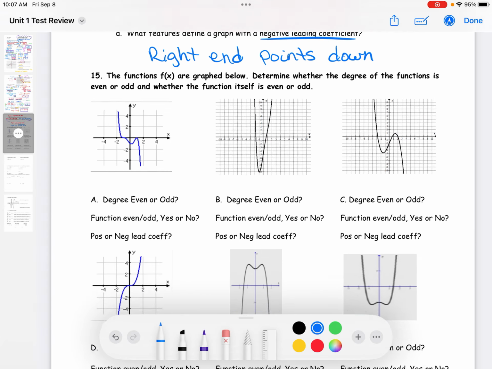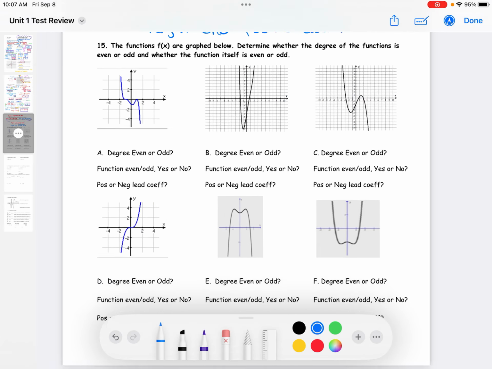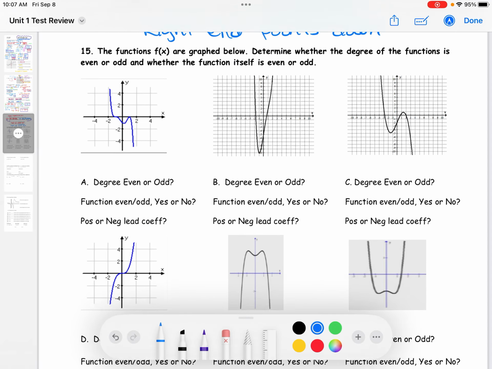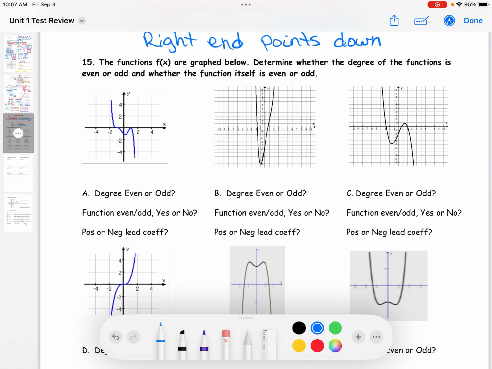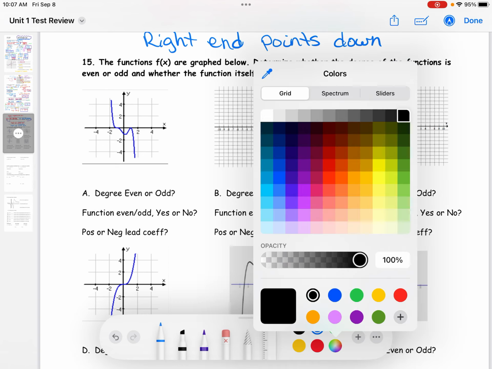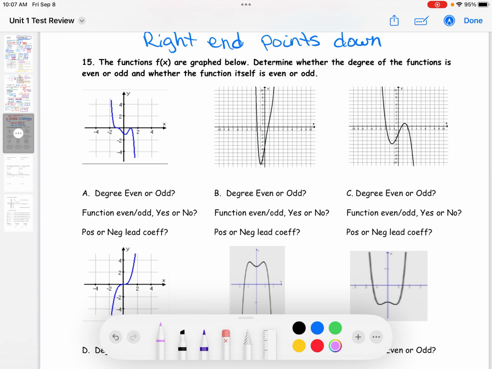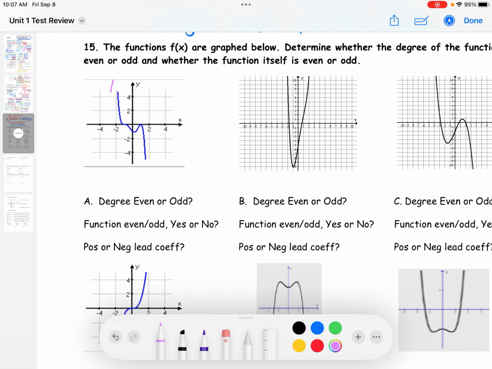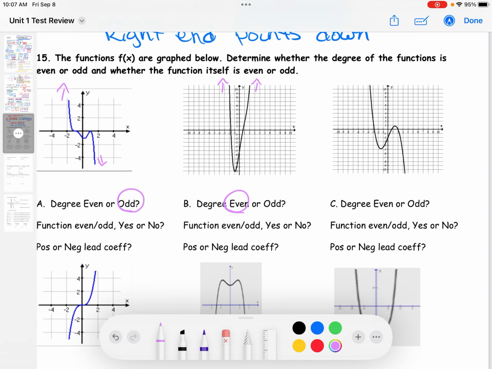All right, let's take a look at 15, and let's look at whether these are even or odd and have a positive or a negative leading coefficient. So I'm going to look for even and odd first. On A, one end is up, one end is down. That makes it odd. On B, one end is up, the other end is up. That makes it even. On C, one end is up, the other end is down.